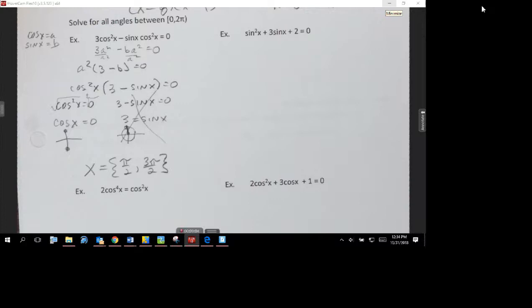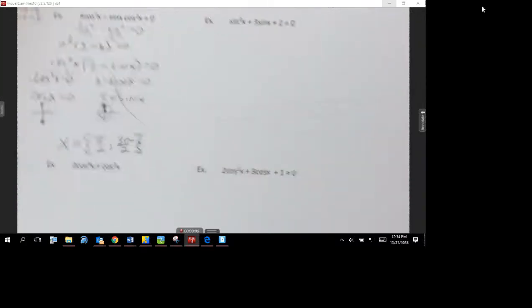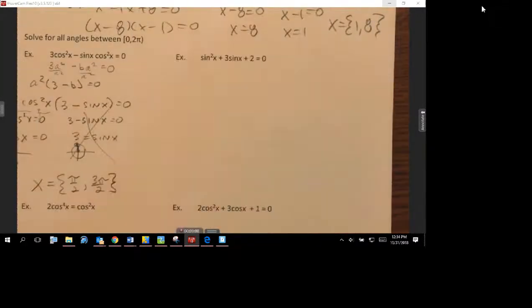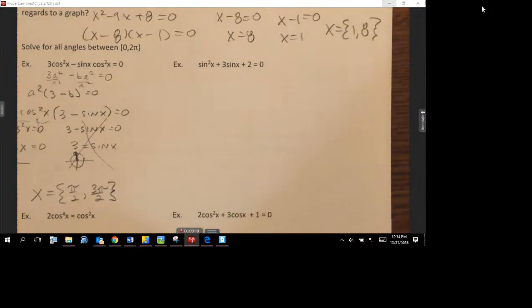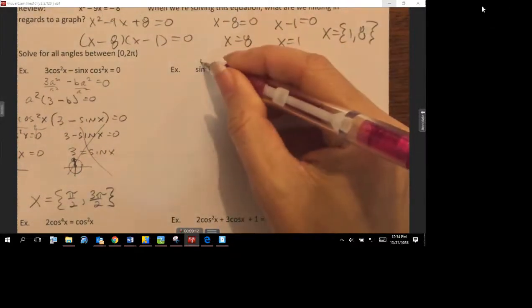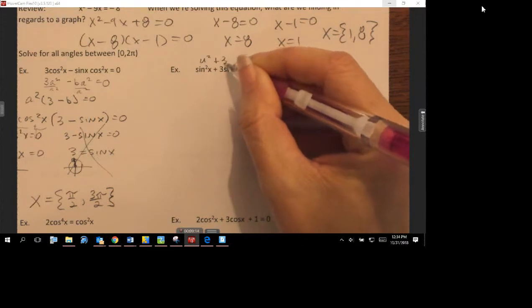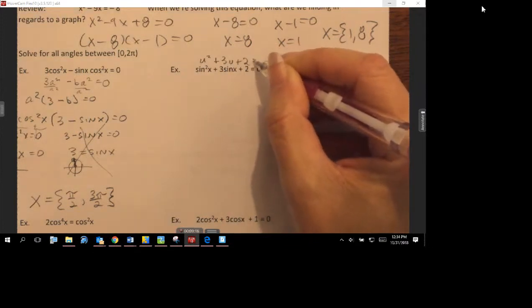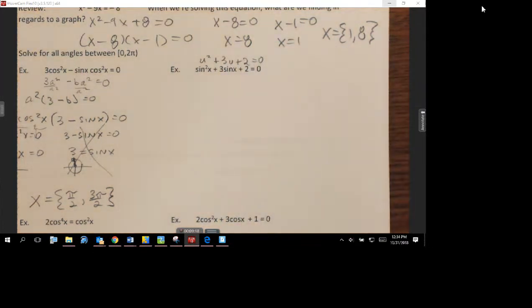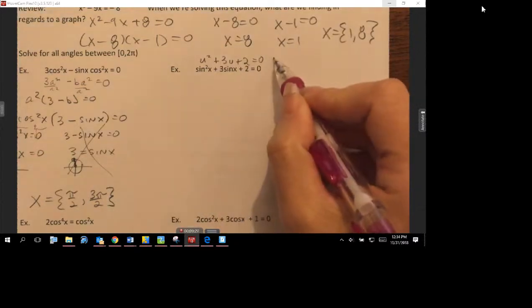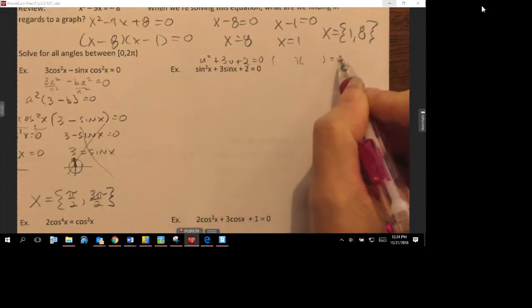So you look at this equation, and it might be confusing because of the sines in there. Let's substitute, instead of sine, let's make it u. So we'll have u squared plus 3u plus 2 equals 0. If I substitute u, can you see how we're going to factor this one? It's going to be guess and check factoring, where I have 2 parentheses.